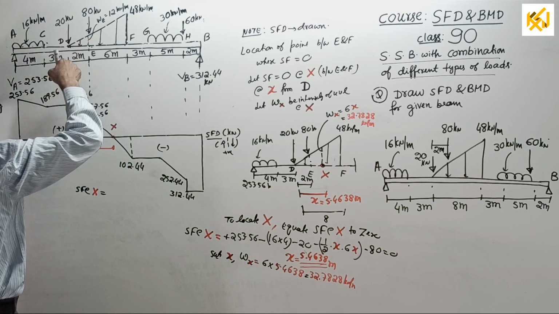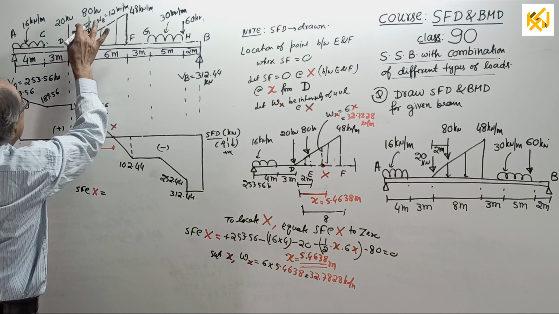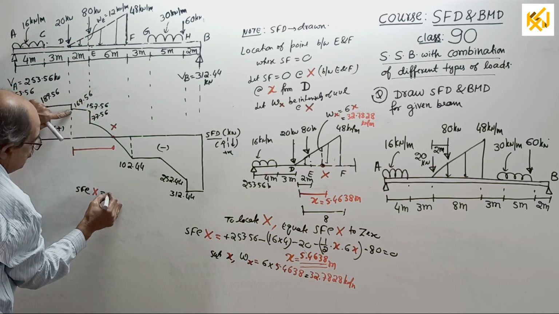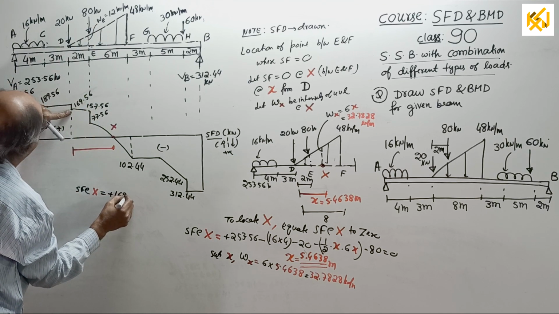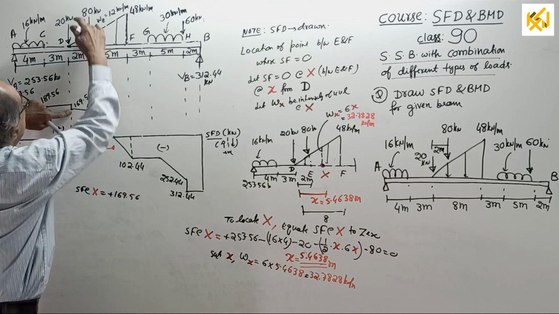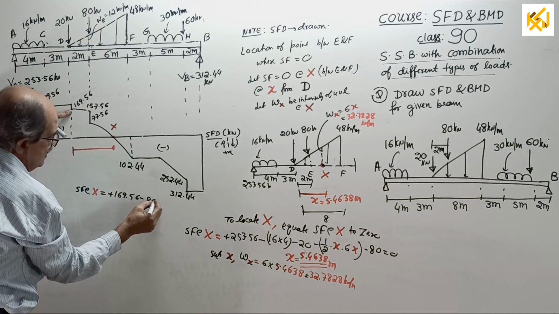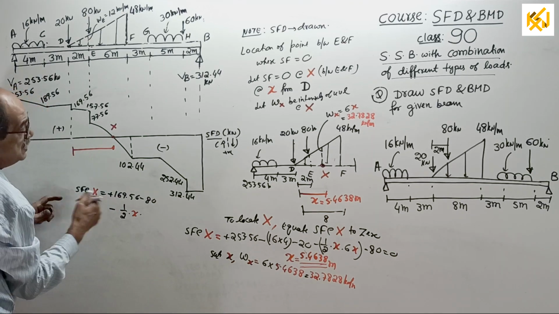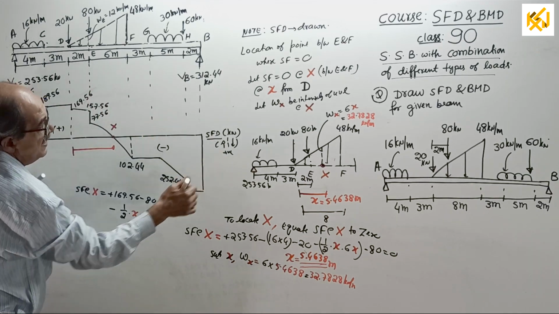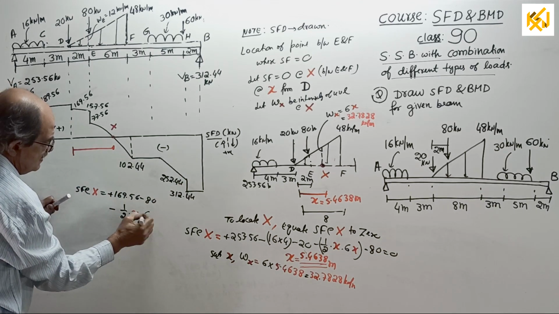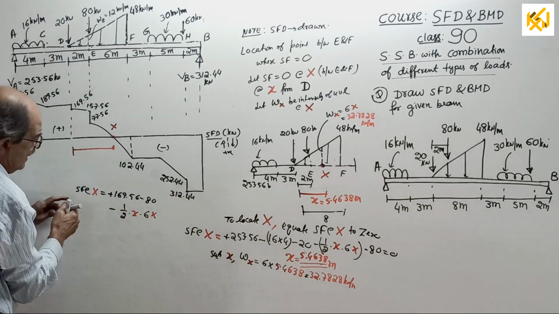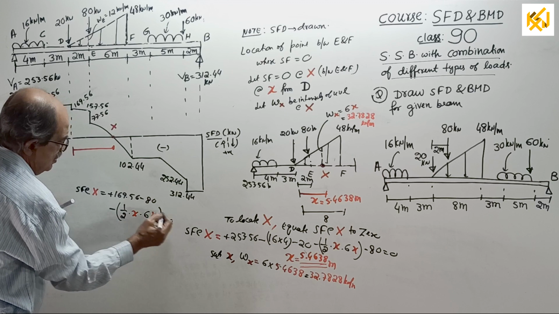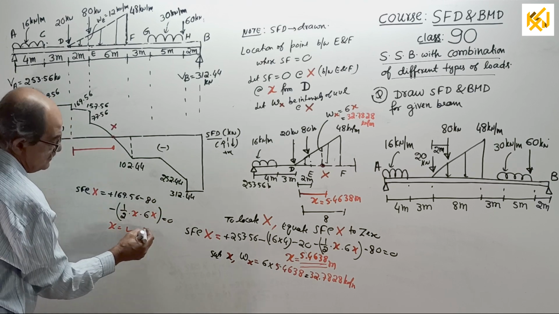After coming down by 20 here, just to the right of D, what is the shear force? Plus 169.56, then minus that 80 and also minus half into x into this much load, 6x. 6x is the area of the triangle. Equate to 0, you get the same value of x.